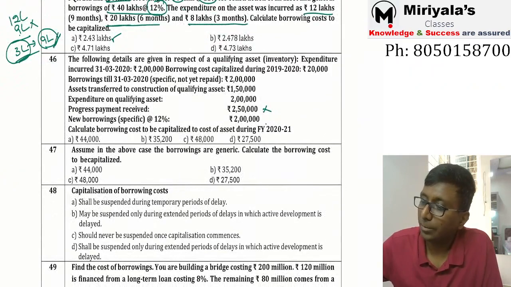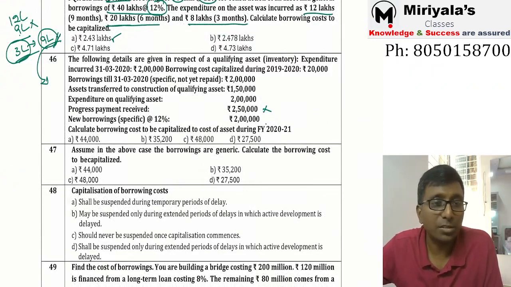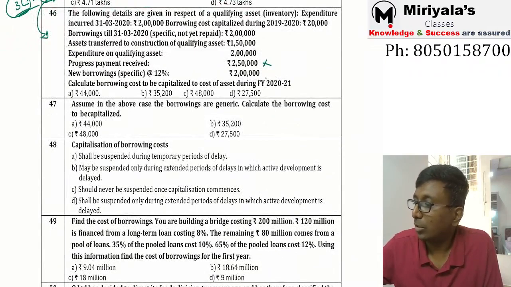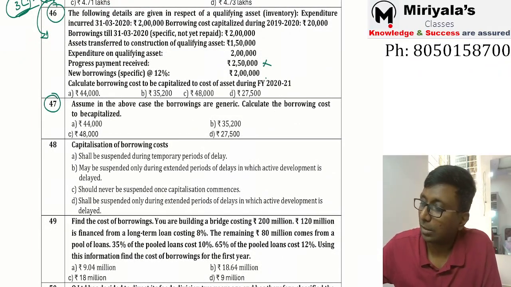This is also the same; you just need to spend a little more time on this. This kind of sum we have discussed in the classroom, so just go ahead along with that. Assume the above case borrowing is general borrowing. Then calculate the borrowing cost that is supposed to be capitalized. Same continuation question.